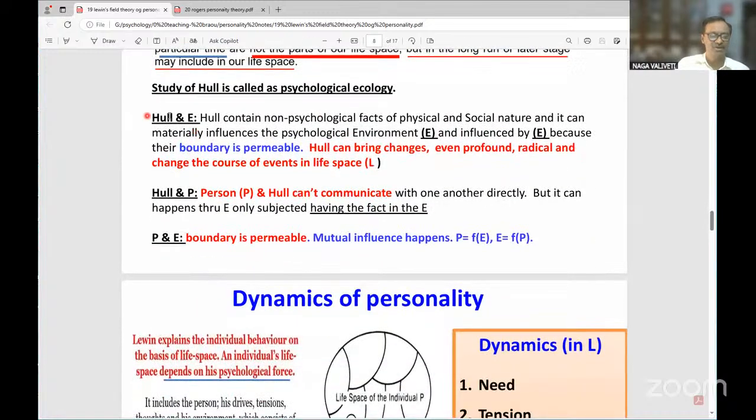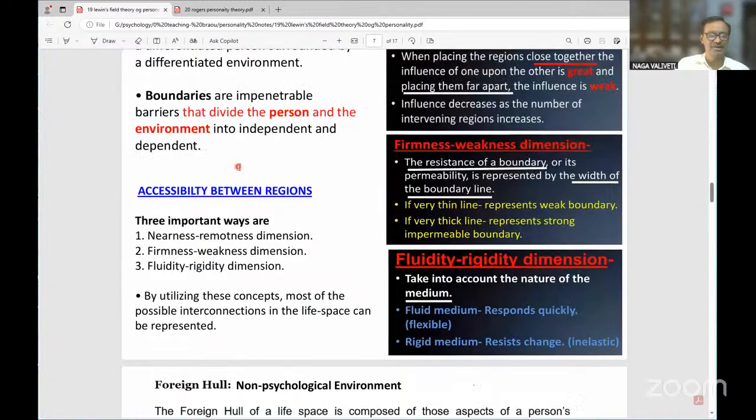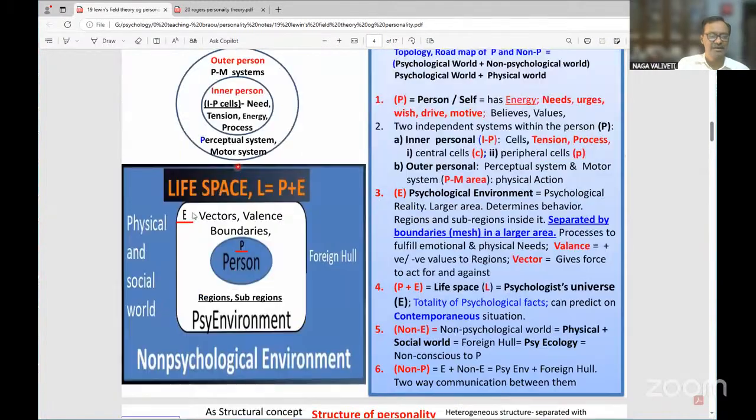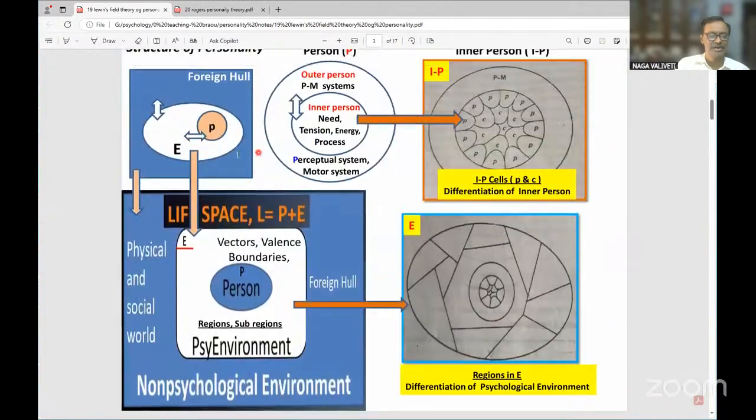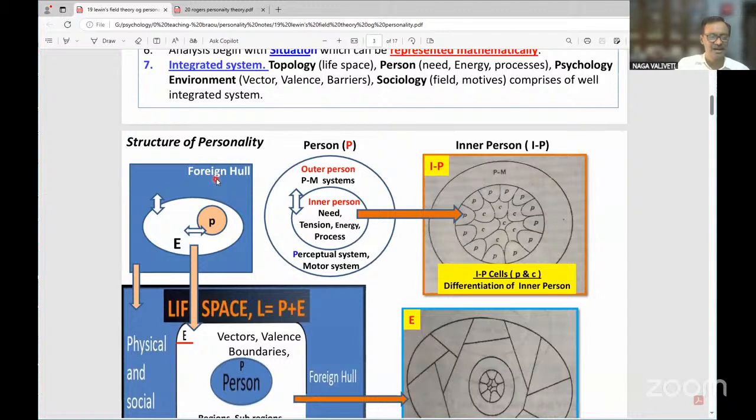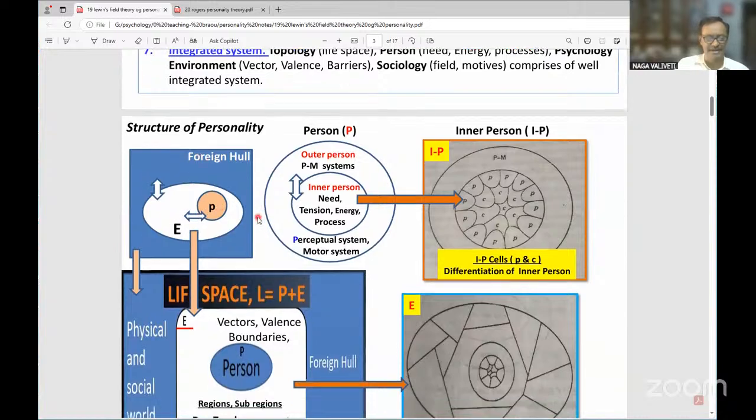Hull we have already discussed. Hull and environment. If you see hull and environment, hull and E, these are communicating. E and hull are communicating. P and E are communicating. Please remember, P and hull are not directly communicating.